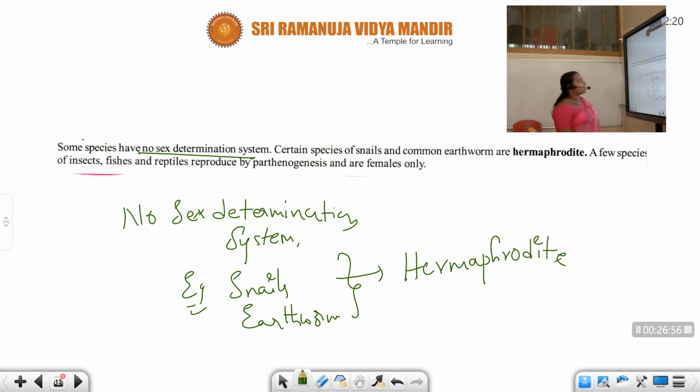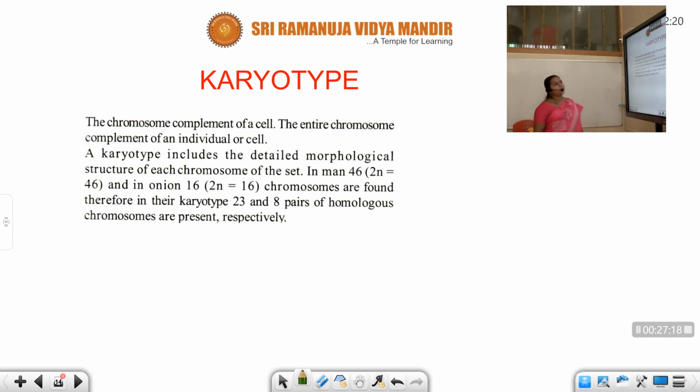Here there is no sex determination system. A few species of insects, fishes and reptiles reproduce by parthenogenesis, and all are females only. This is about sex determination.